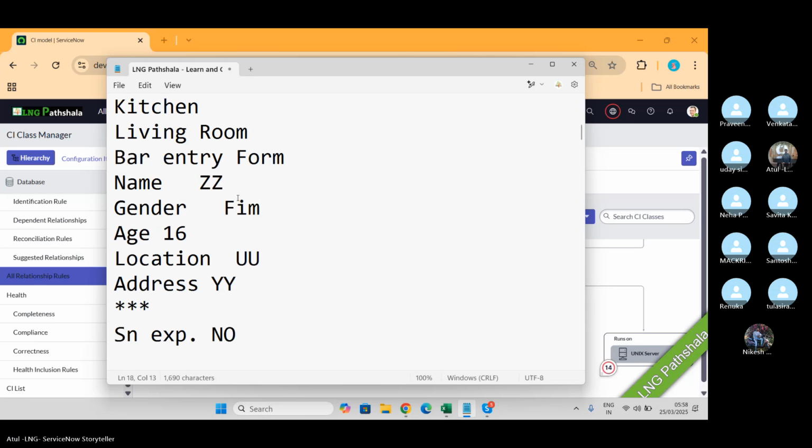But FIM, what does this mean? So in this case, it is complete, yes, it is compliant, yes, but this is not correct information. So things might go wrong.